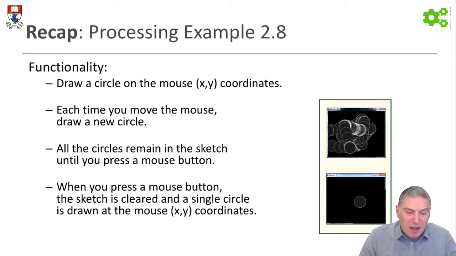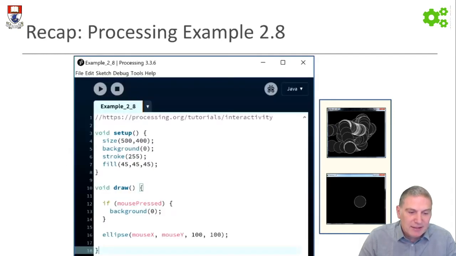When you press a mouse button, the sketch is cleared and a single circle is drawn at the mouse XY coordinates. So this is one of the lab exercises that you should have completed at our last class. If we take a look at the code here, we can see nothing too amazing.